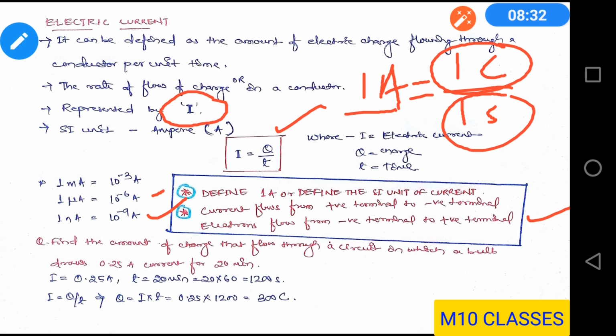The current is 0.25 ampere and the time is 20 minutes. Remember, the SI unit of time is second. So you have to convert this minute into second and you will get 1200 seconds. Now you have got the data, put it in the formula. I equals Q by T. So Q equals I times T, and you will get by multiplication that the charge is 300 coulomb.